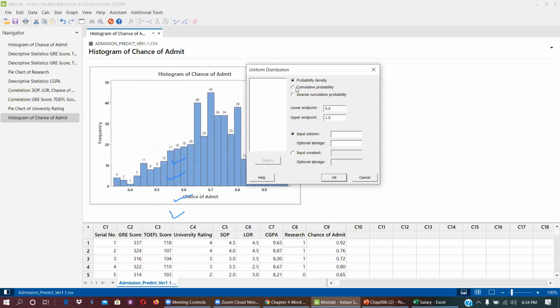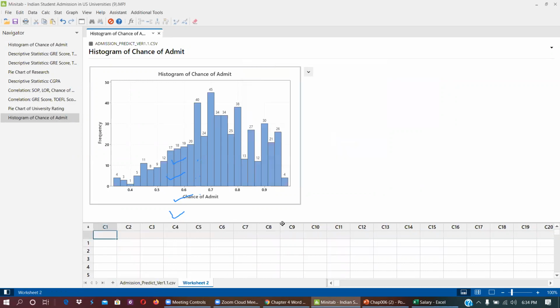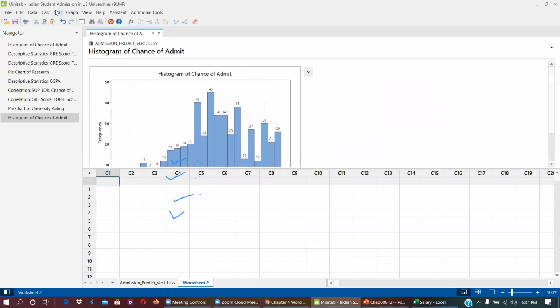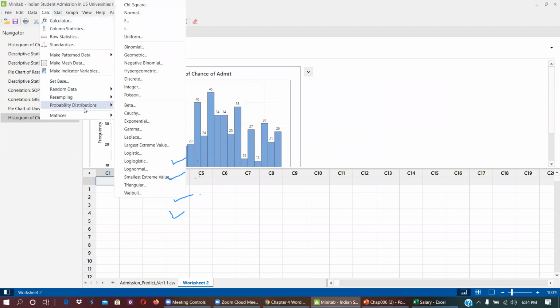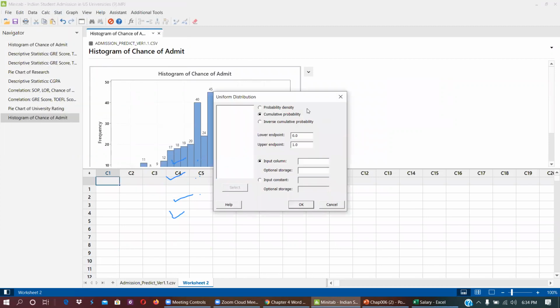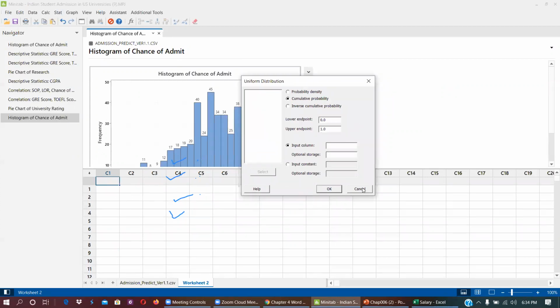So I am just going to do it. Calculate, Probability Distributions, Uniform Distribution, and here we have probability density.